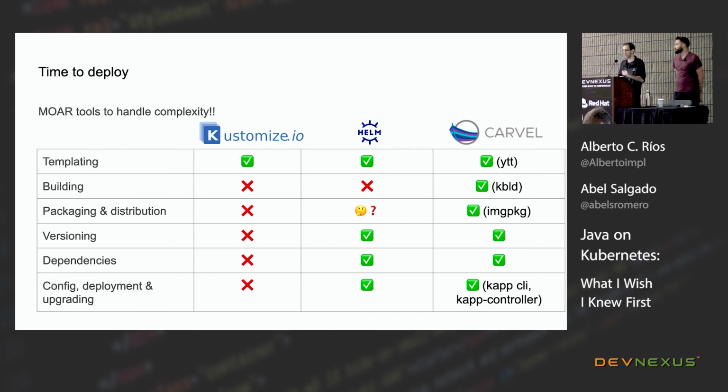It's a single CLI. So the introduction and the first steps are nice and easy, and the learning curve is not very steep. The only other problem with Helm also is packaging and distribution. Helm has this concept of charts, and that's why it's kind of a thinking, because it's opinionated.